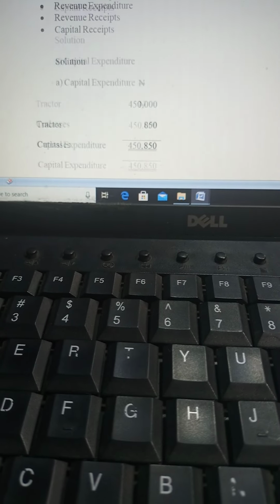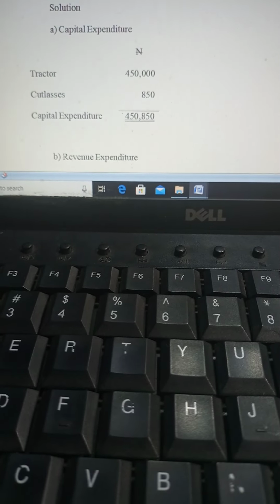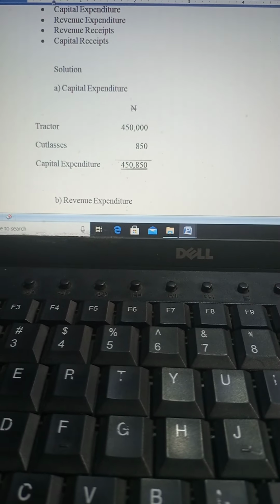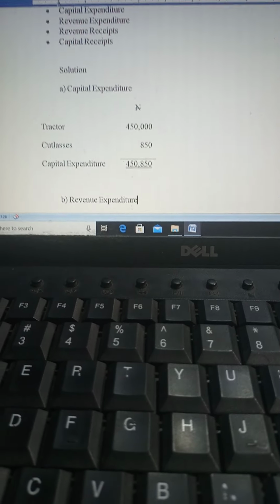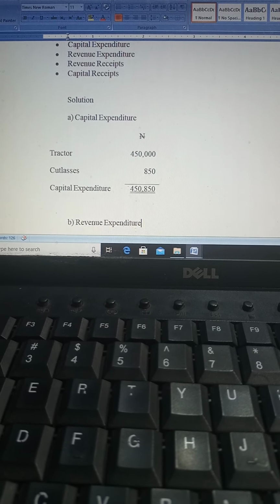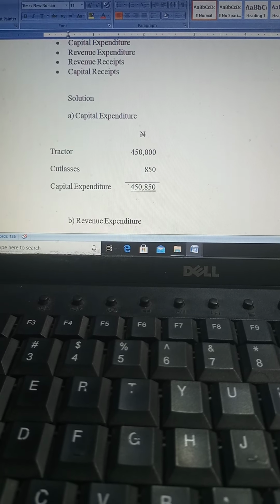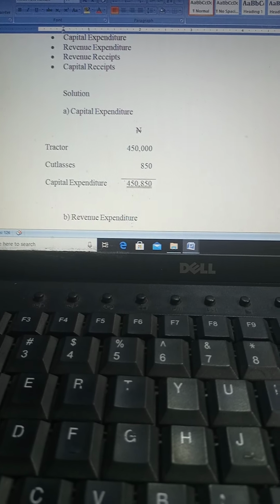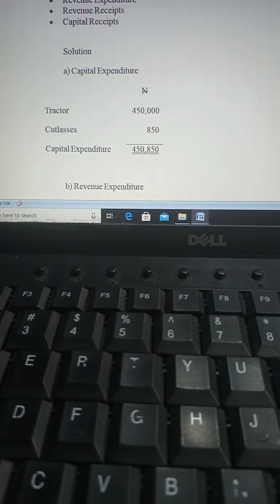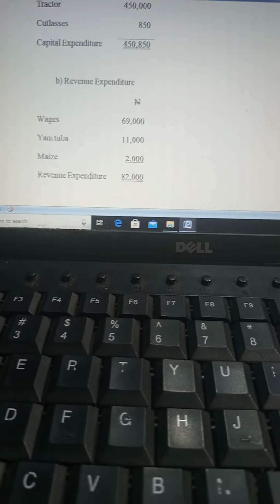So let's come back. Let's look at the solution again. Since we have the question, this is the solution. Capital expenditure, this is how to calculate it. Then revenue expenditure, this is how to calculate the revenue expenditure.